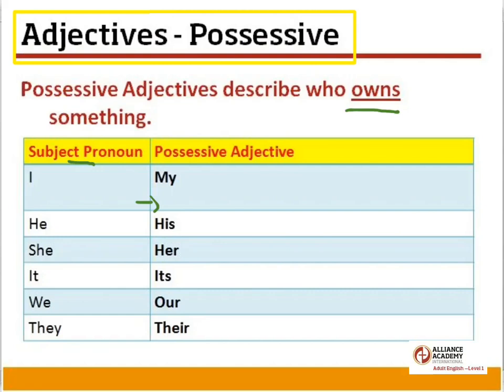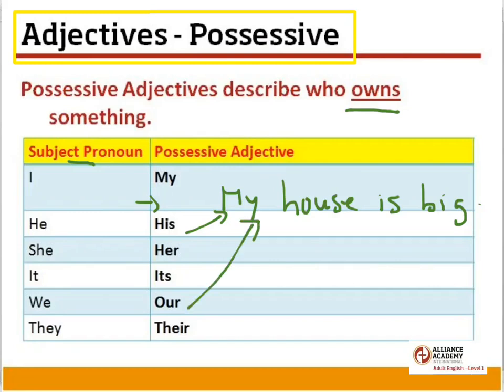So an example of a possessive adjective would be: my house is big. And obviously you could say his house is big or our house is big. So possessive adjective is important because it describes who owns something.